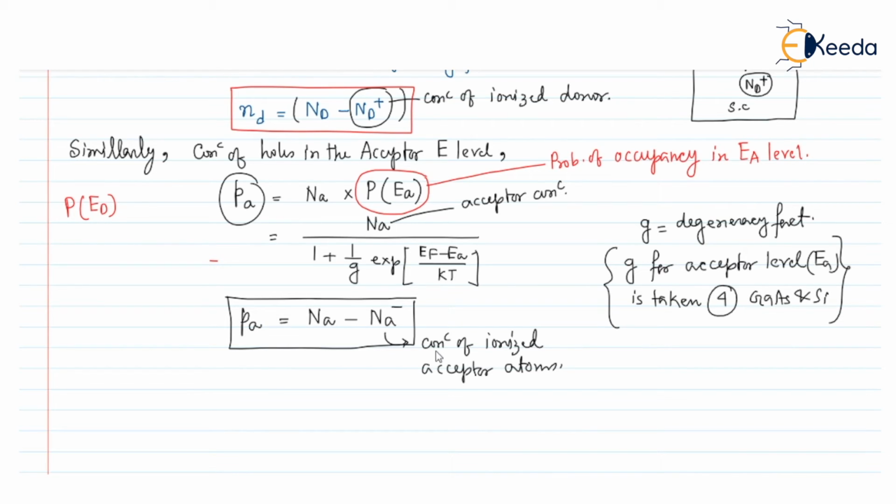In this way, we can find the probability of occupancy in Ea and Ed.